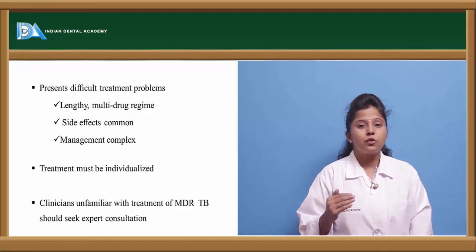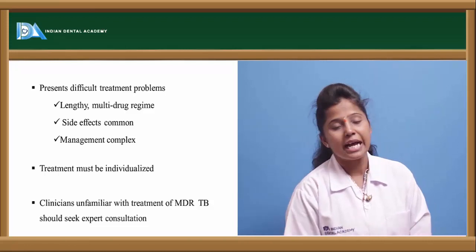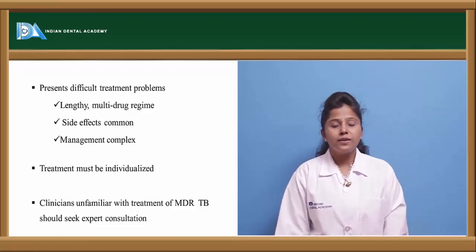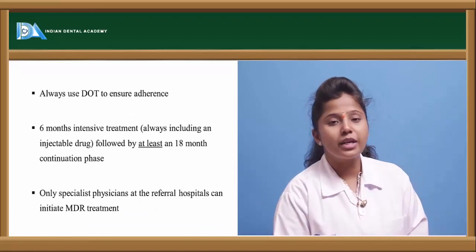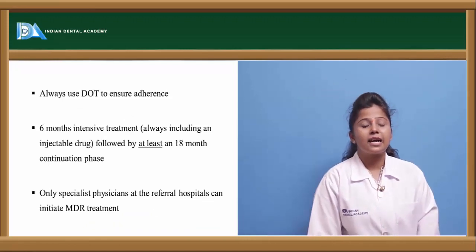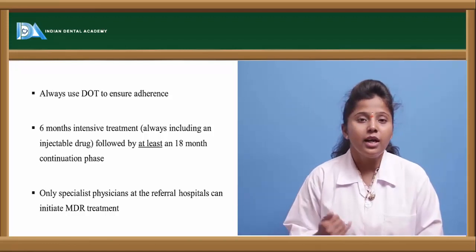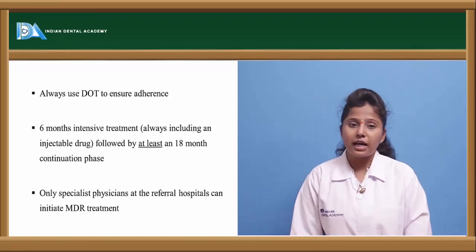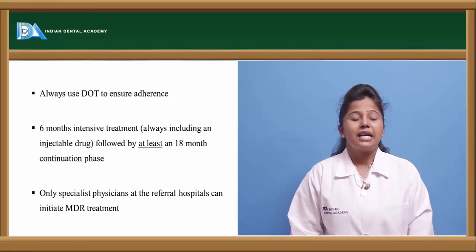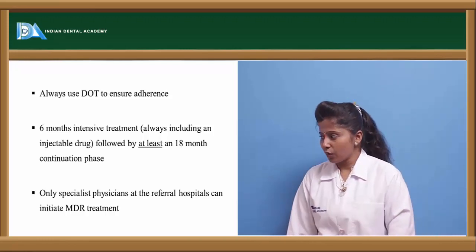If they don't have enough knowledge and give the drugs as such, then there will be no improvement in the patient. We have to make sure that the person is always under DOT, that the person is observed on a regular basis. The treatment will last for 6 to 9 months, and in very severe conditions it may even exceed 18 months.